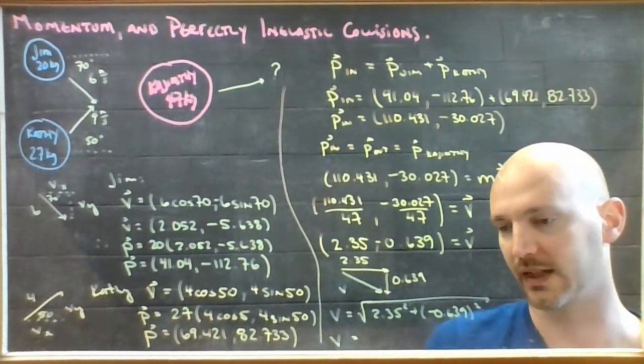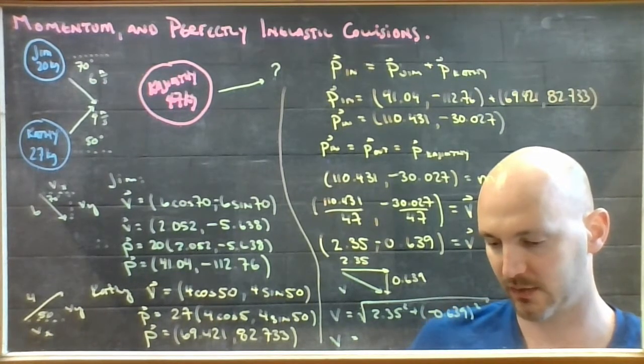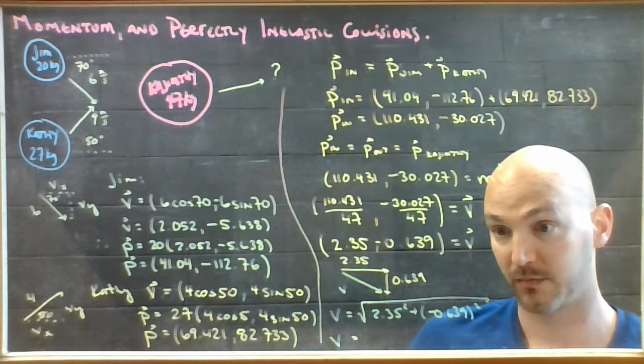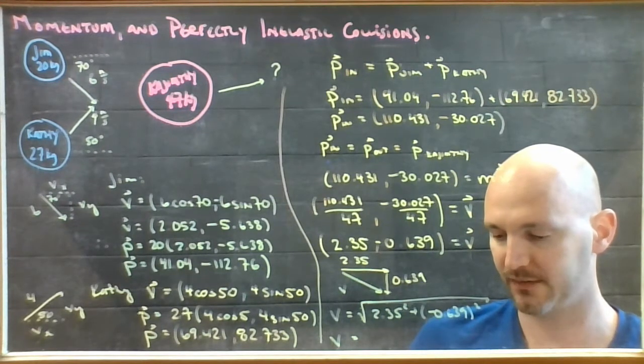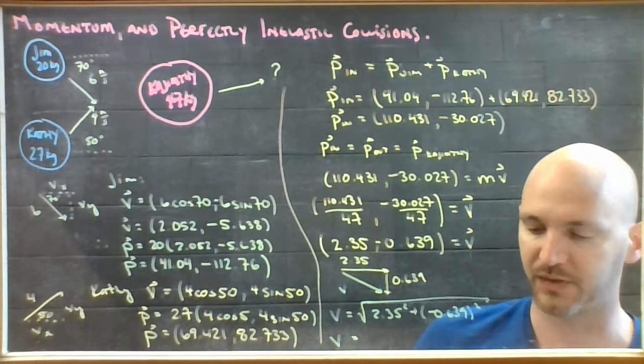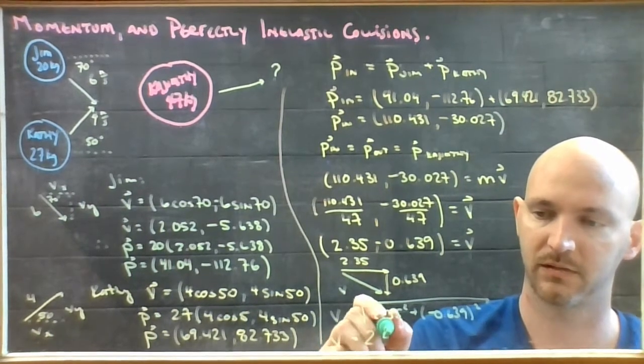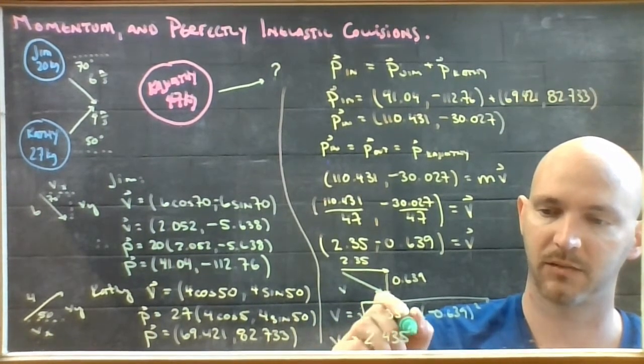And if I work that out, 0.639 squared plus 2.35 squared gives me 5.93, and if I square root that answer, I end up with 2.435 meters per second.